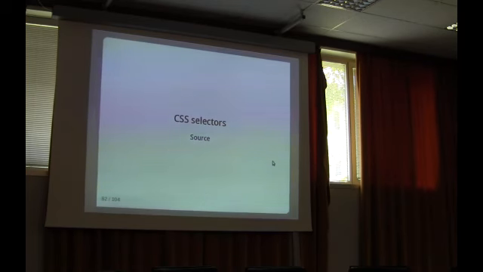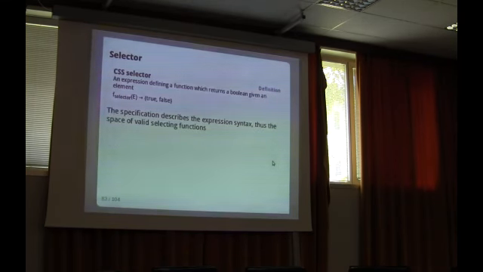Okay, so let's talk about the CSS selector. What is a CSS selector? It's the first part of a CSS rule, and it is the part that allows the browser to understand to which element the given rule applies. From another point of view, the selector can be viewed as an expression defining a function which returns a boolean given an element.